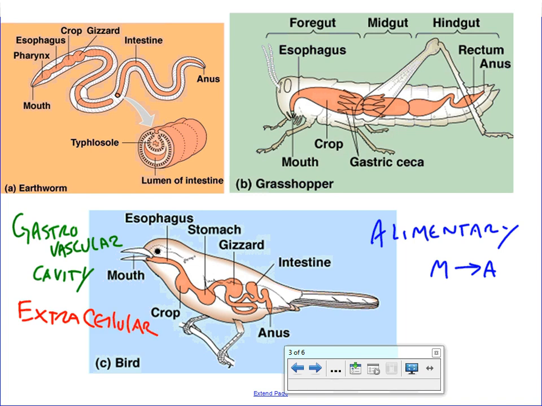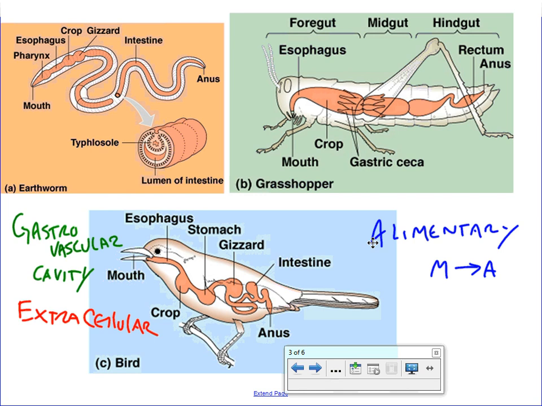If the organism is even simpler, like single cell, they can actually do their digestion intracellularly. So that would be single-celled organisms like protists or bacteria. And then you also have multicellular organisms that are very simple, like the sponges, porifera. The ones that are gastrovascular taxonomy groupings would be things like Cnidaria, Ctenophora, and Platyhelminthes.